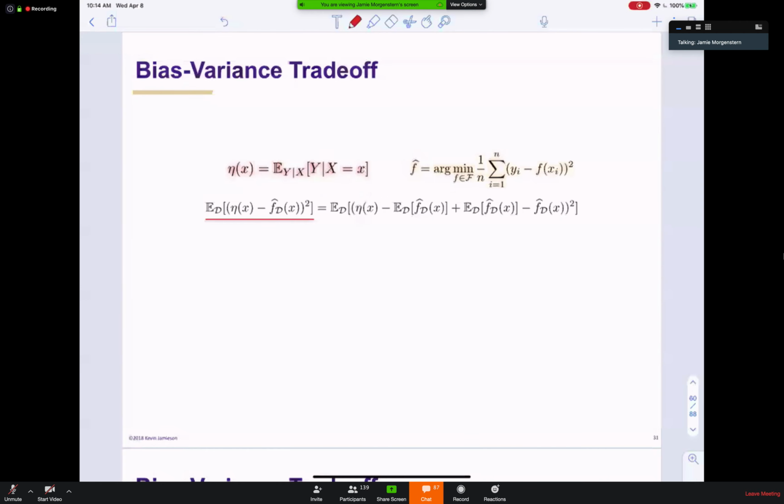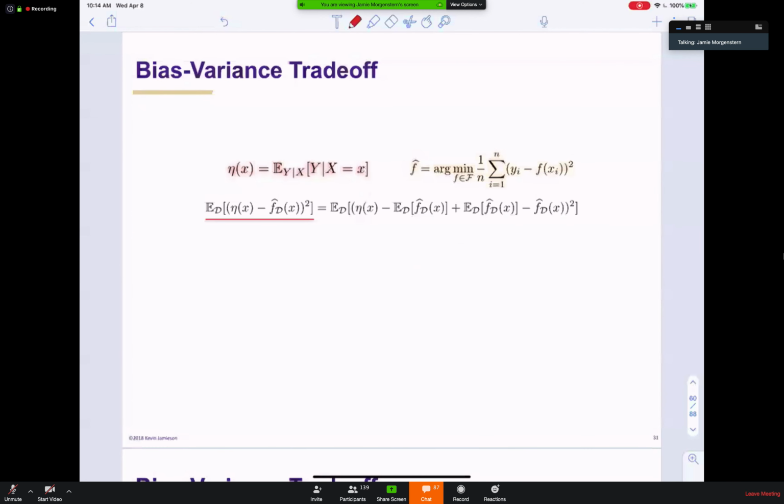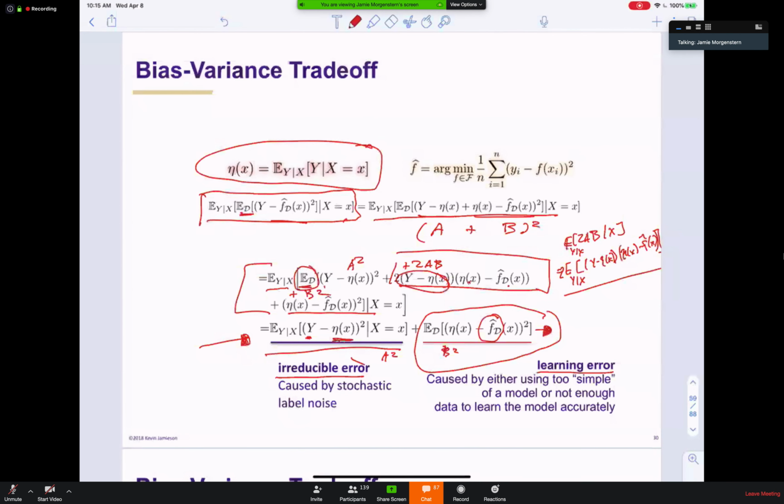So if we want to think about this second term, this learning error, it actually has a couple different parts too. The squared error our estimations have has irreducible error, which comes from the fact that, for a particular x, there's still stochasticity in what the sales price is. It's not a single value, like every household on November 3rd sells for exactly $726,864.